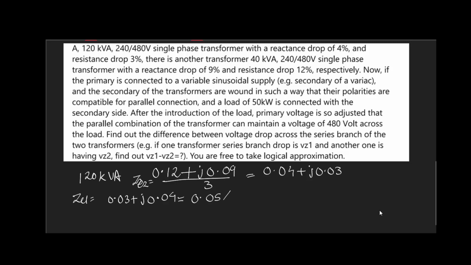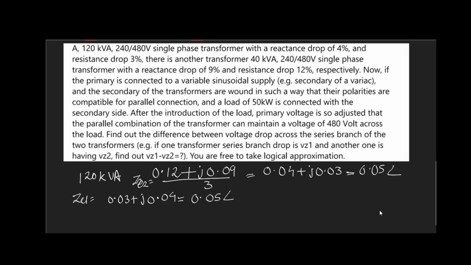Now, in order to solve this problem, we need to draw the phasor diagram. So these are the data, let me draw the phasor diagram.